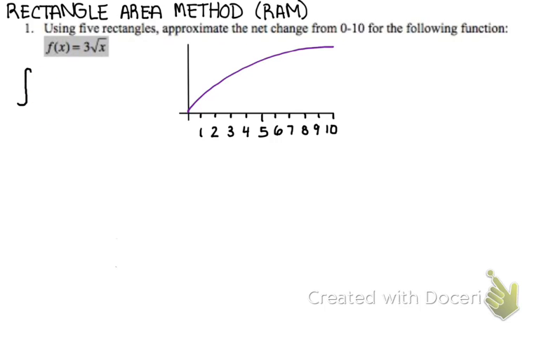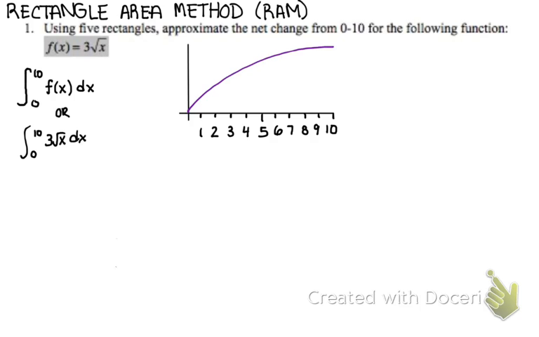So here we are going from 0 to 10, and then inside the integral you can either write f of x dx, or you could write the same integral, 0 to 10, and put the whole function in, 3 square root of x dx. So if ever you're asked to write the integral or write the symbolic expression for the net change, that would be what you would give me.